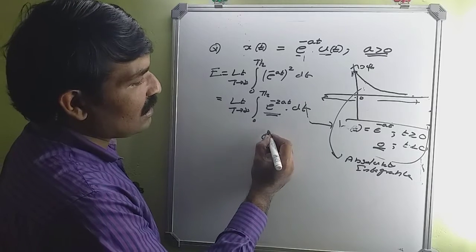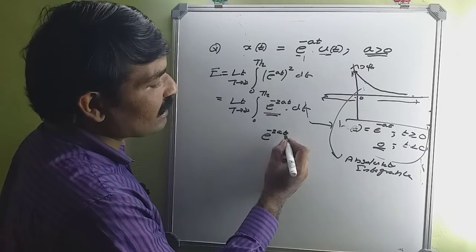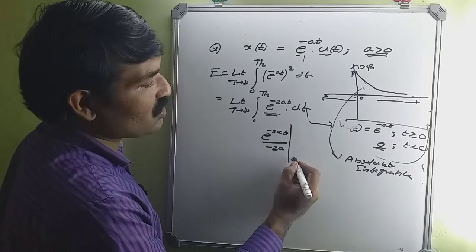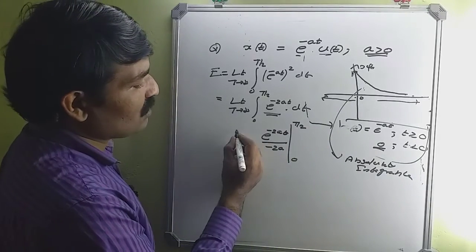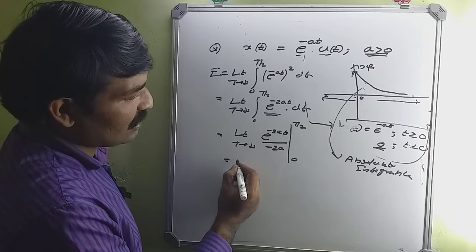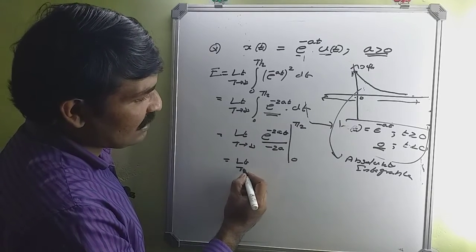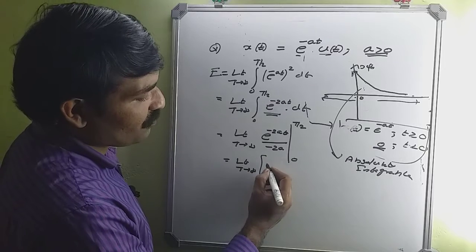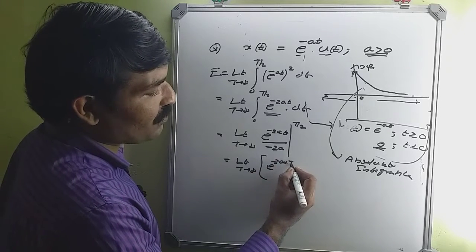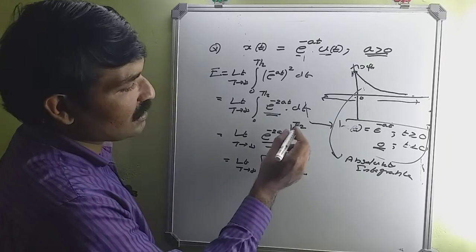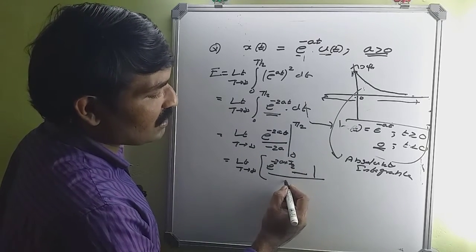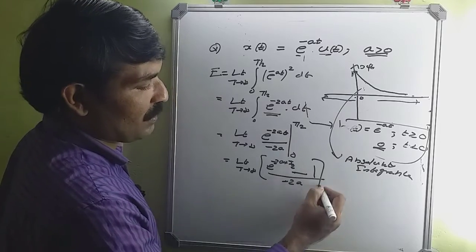That is e raised to minus 2at divided by minus 2a. Limit of integration is 0 to t by 2. Limit t tends to infinity. That is equal to limit t tends to infinity e raised to minus a into t by 2 minus e raised to 0, that is 1, divided by minus 2a.